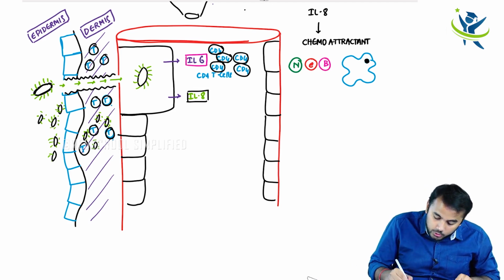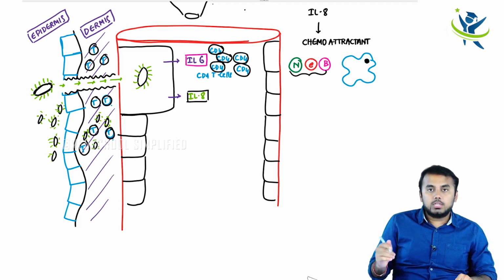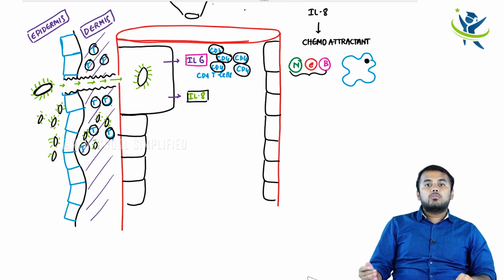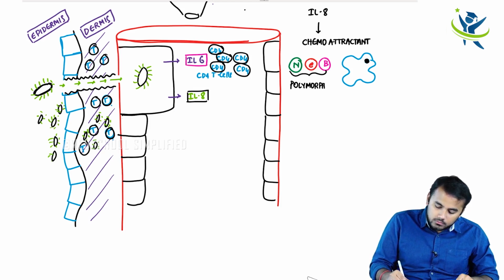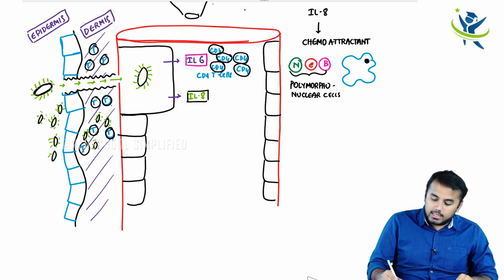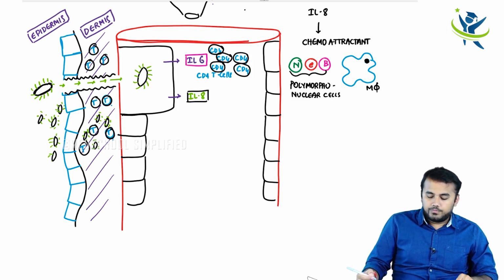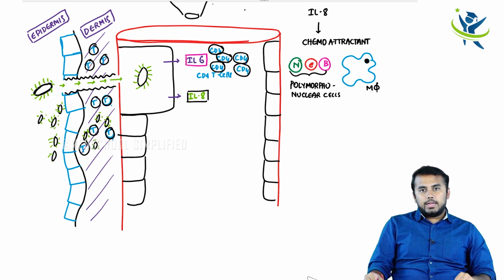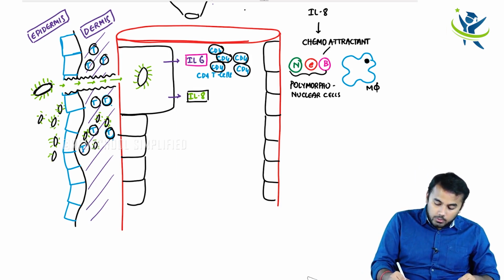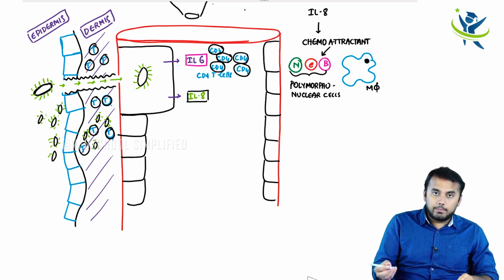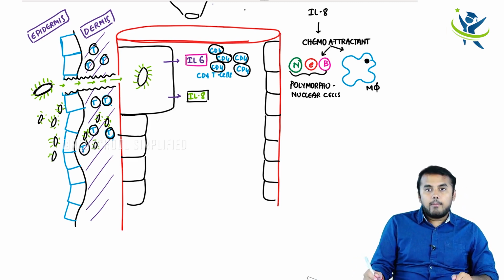Now tell me, neutrophils, eosinophils and basophils together, they are called as polymorphonuclear cells. And the other one is your macrophage. So this interleukin 8 is a chemoattractant molecule. It is attracting two important things. One is your polymorphonuclear cells, that is PMN cells, and the other one is your macrophages.